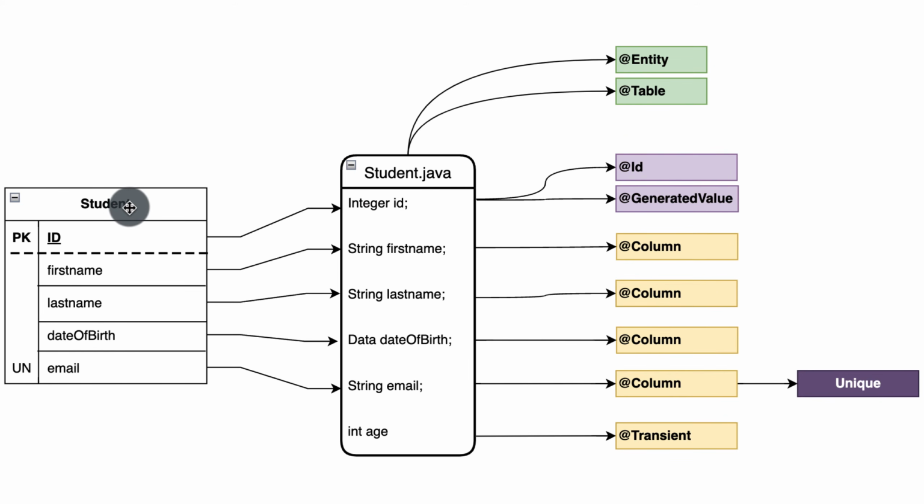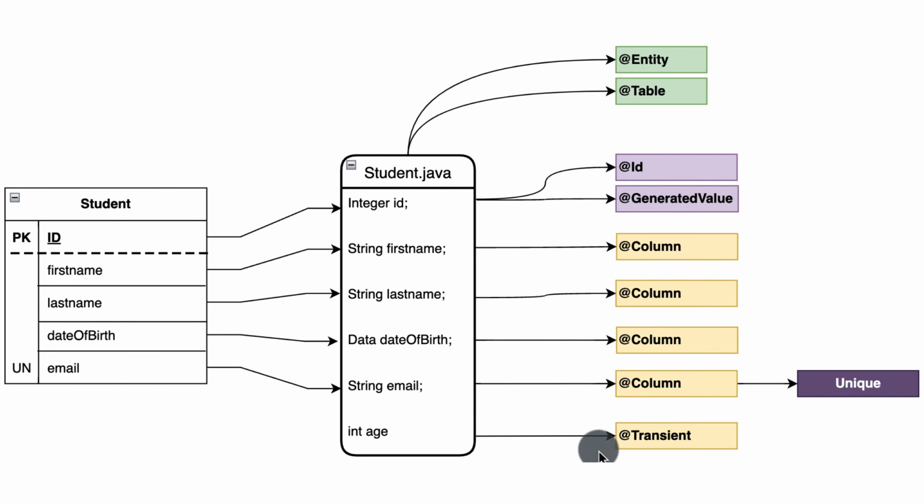For example, if I want to call this student table differently, I need to use the Table annotation. Then for this ID, we have these two annotations, Id and GeneratedValue. And for the rest of the columns, we have the Column annotation. The Column annotation is also not mandatory. If we use it, it's okay. If you do not use it, Hibernate will automatically take the field name as the attribute name or column name in our table.